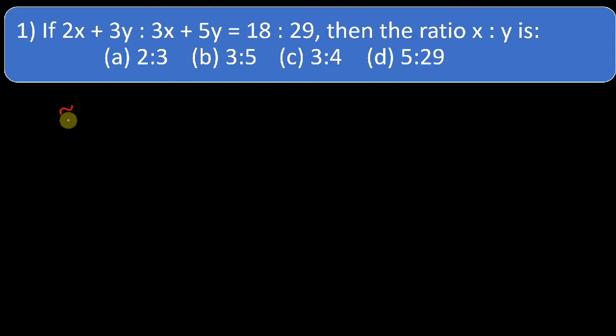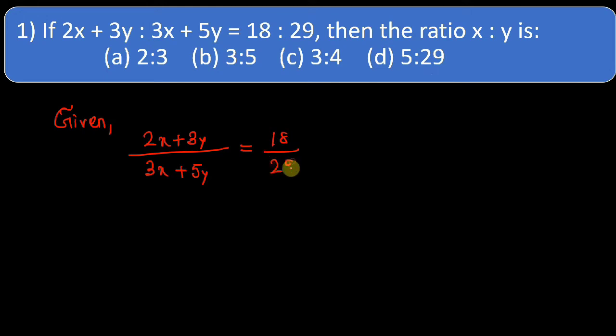So given here, it is 2x plus 3y by 3x plus 5y, which is equal to 18 by 29. We just need to cross multiply the given equations and find the respective ratio of x is to y.